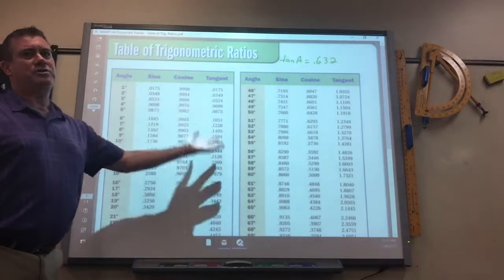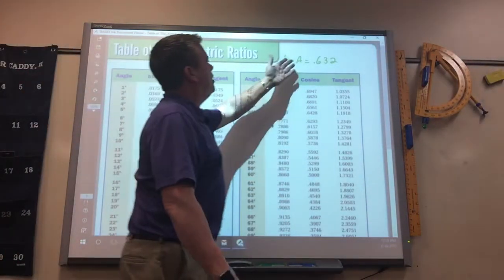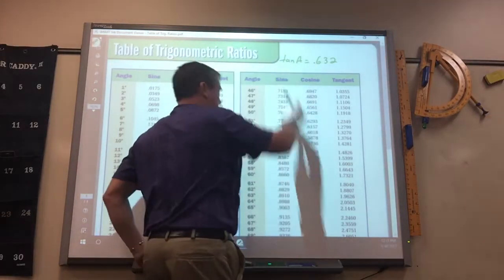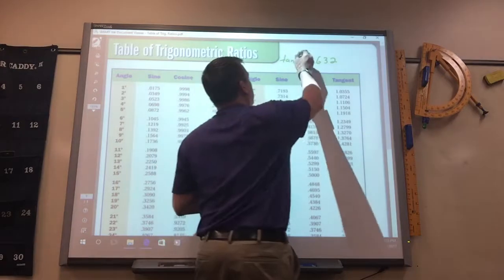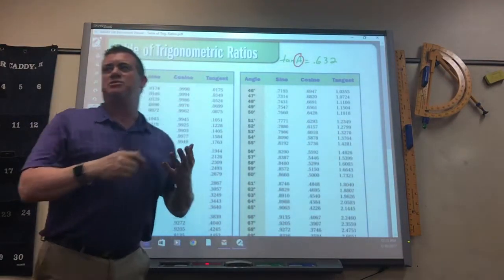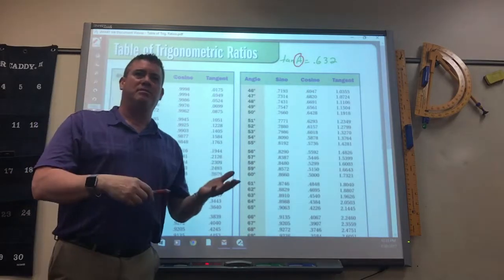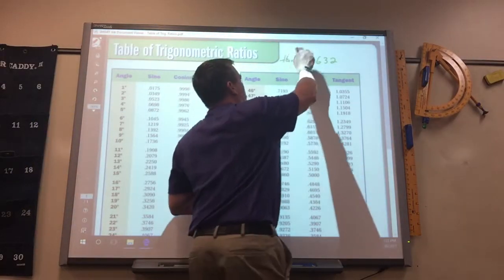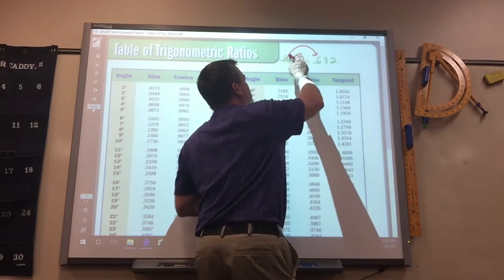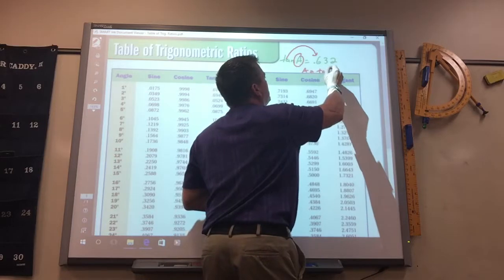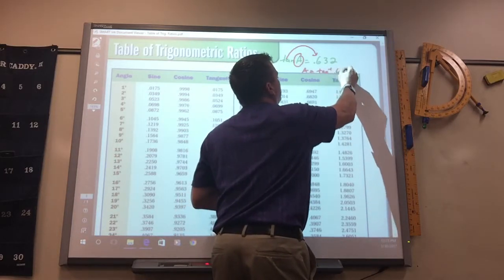Okay, we don't want to use the chart. So the way you solve this is to get the A by itself, you got to get rid of the tangent. And it's the same rules as solving equations. You do the opposite, which is called inverse. So to get this over here, if you move it over, it just changes to inverse with a -1.